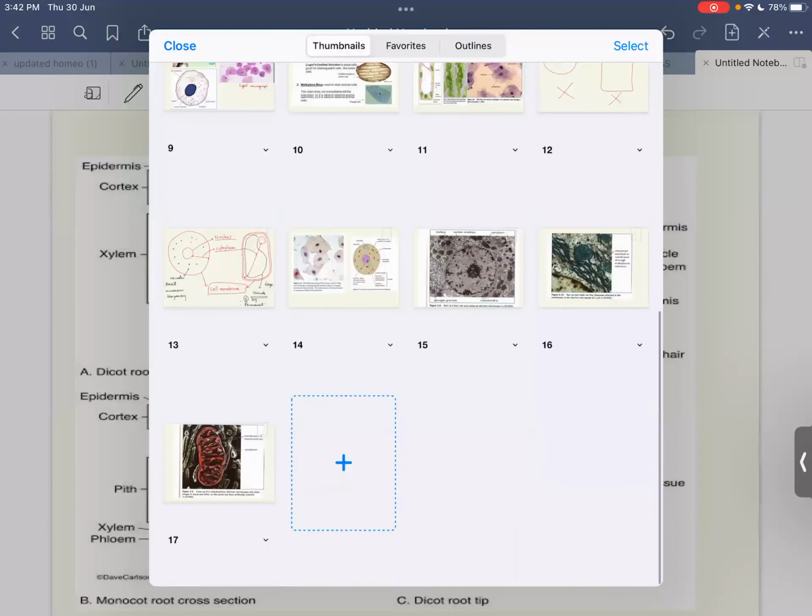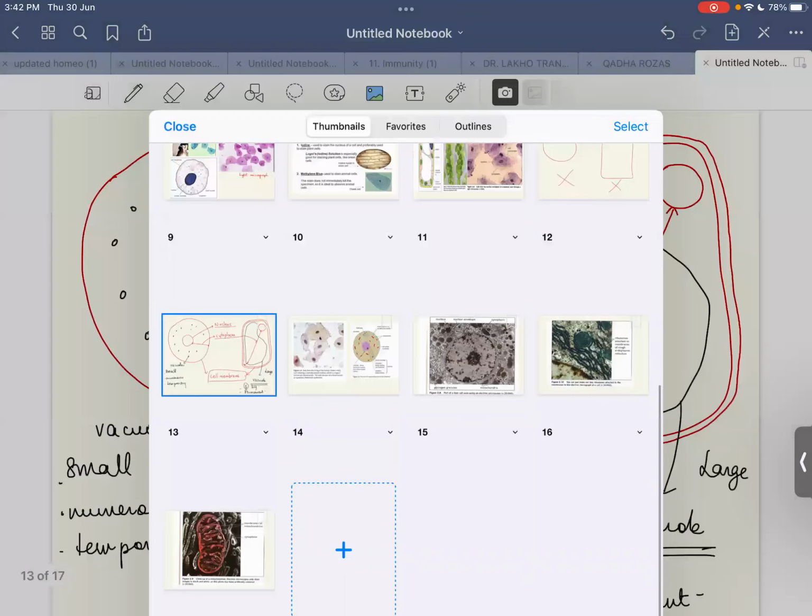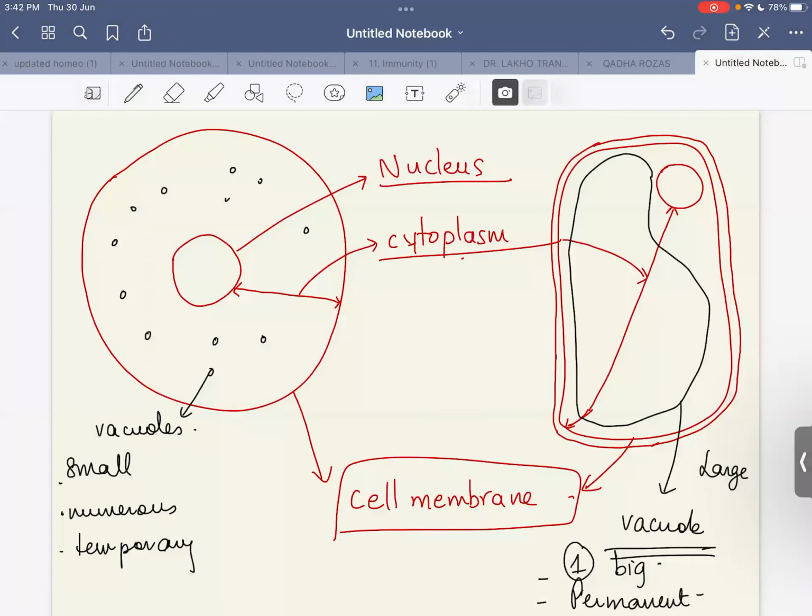Let's move on. As you remember, in the last class, I had drawn these two diagrams in front of you to give you a basic idea of how an animal cell and a plant cell look. Again, focusing on the same point once again, there is no such thing as a typical animal cell or a typical plant cell as far as the shape or the structure is concerned.